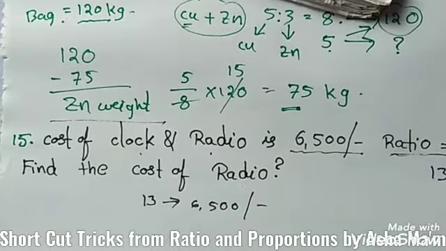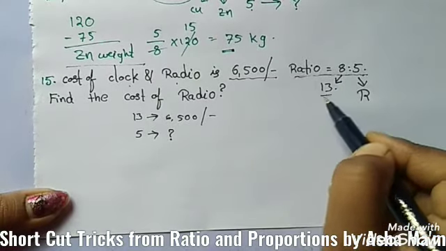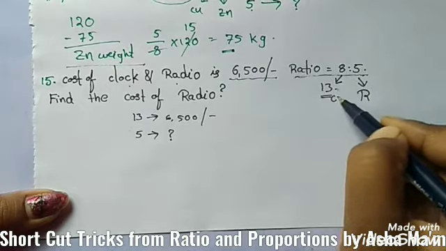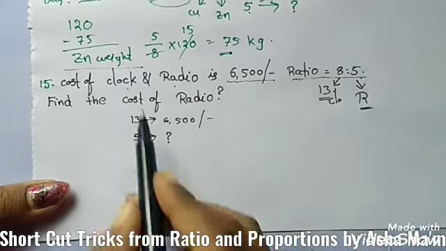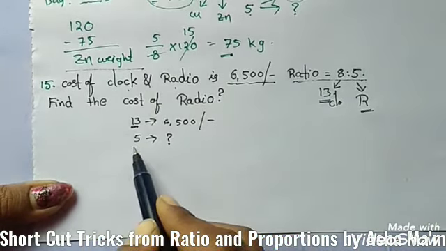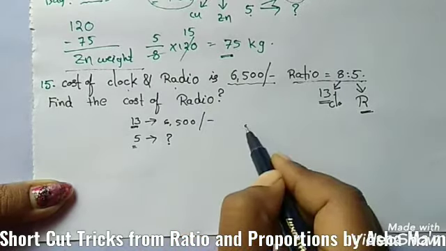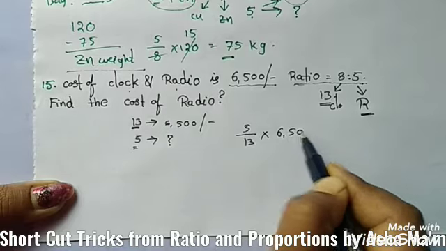So 8 is for clock, 5 is for radio. Now 13 means the number 6500, then 5 means how much you should get, then 5 by 13 into 6500.